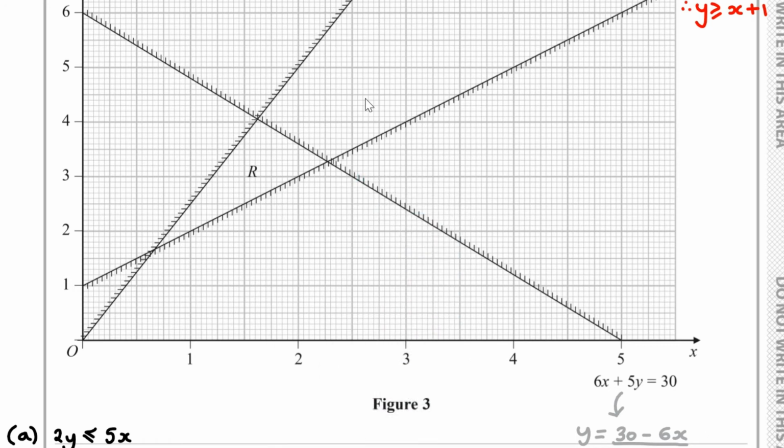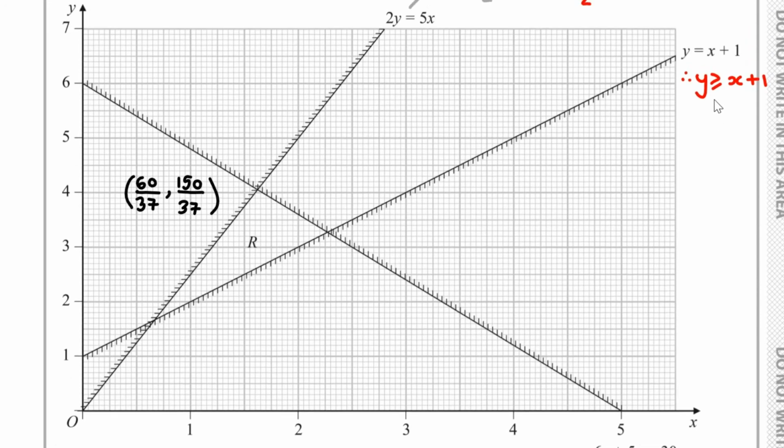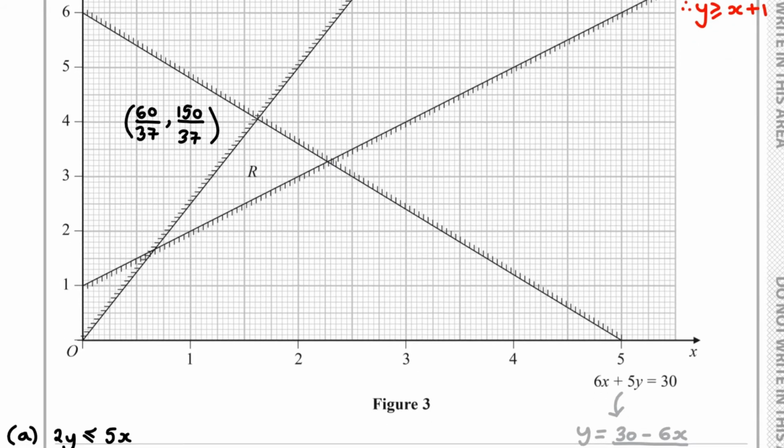So let's just add that to our diagram. You can see here we've got 60 over 37, and we've also got 150 over 37. So that's this coordinate here. Next, let's solve this equation, the y equals x plus 1, simultaneously with this equation here.